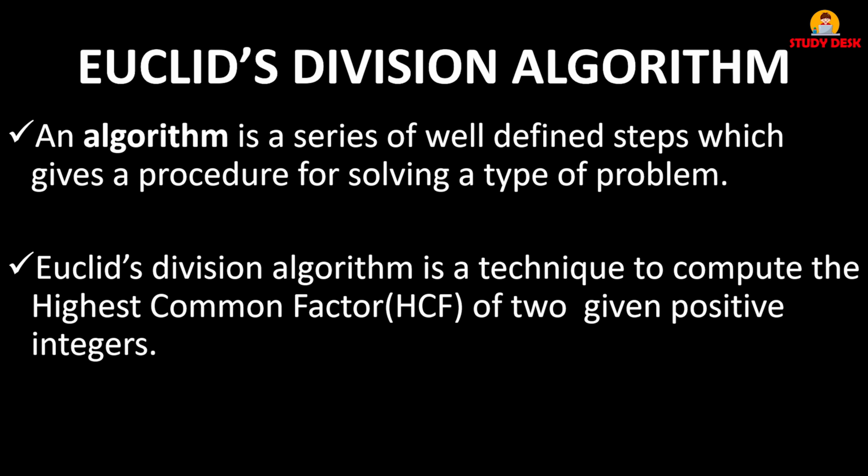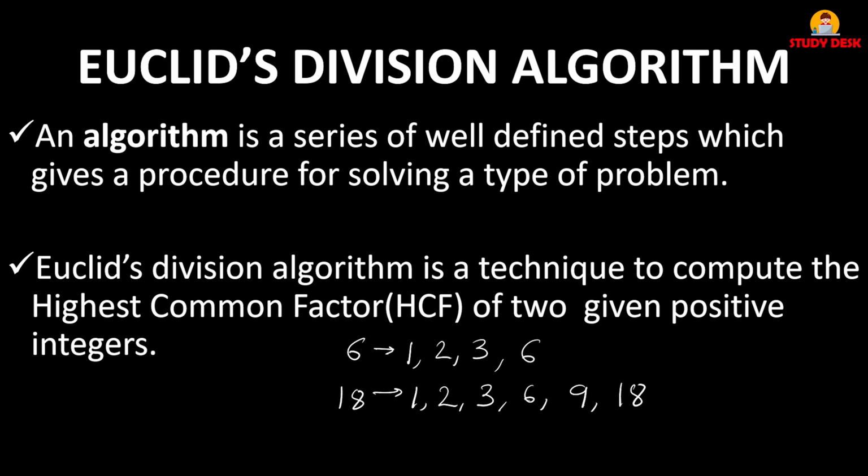It is a technique with the help of which we can calculate the highest common factor, HCF, of two given positive integers. So, let's take the two numbers 6 and 18. What are the factors of 6? They are 1, 2, 3 and 6. What are the factors of 18 now? 1, 2, 3, 6, 9 and 18.